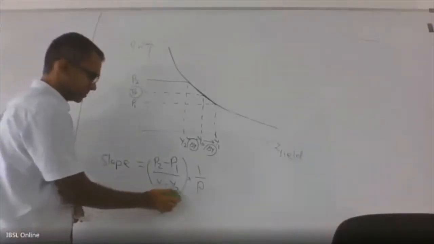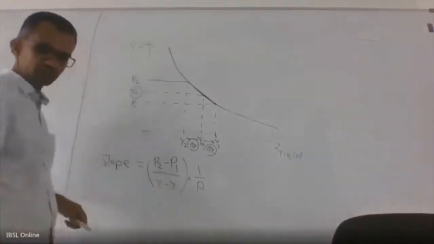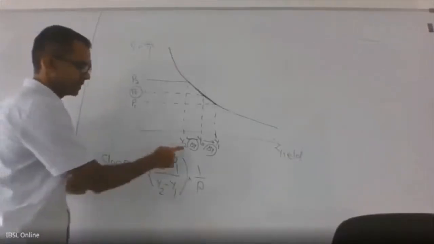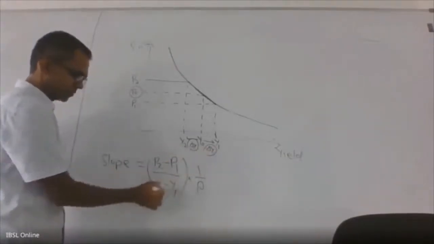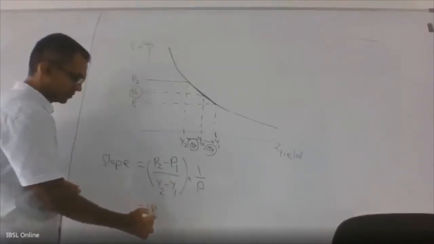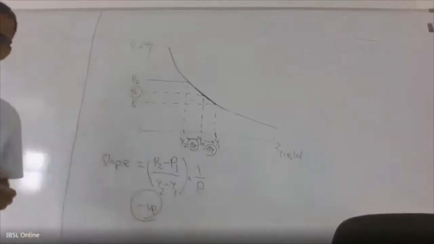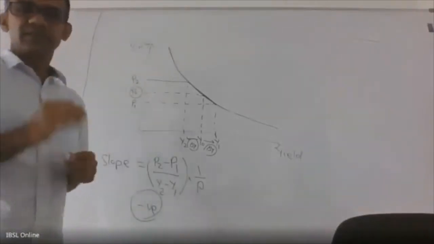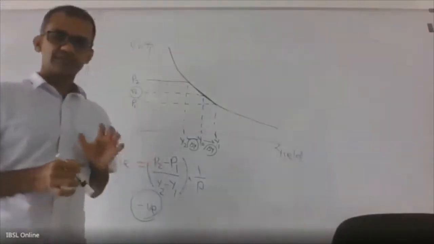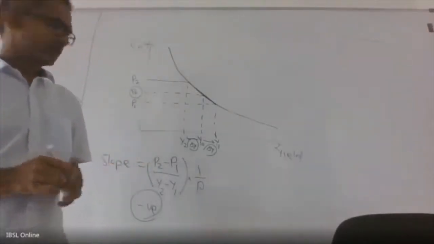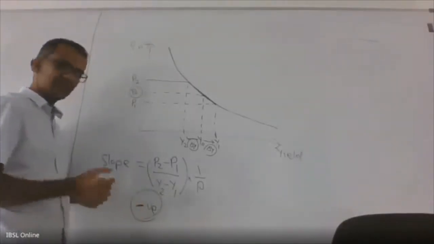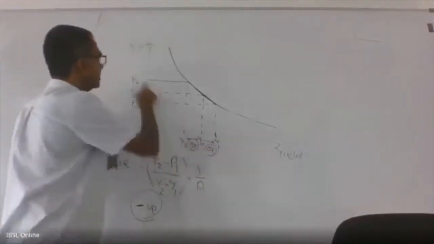If you want to do the exact way, it should be Y2 minus Y1. Then you can see Y2 minus Y1 is a negative figure, so the duration or the slope comes as a negative figure. That is correct. Even in the previous equation, though I have not put a minus sign, duration is negative. What is reflected through this negative is the inverse relationship between yield and price.